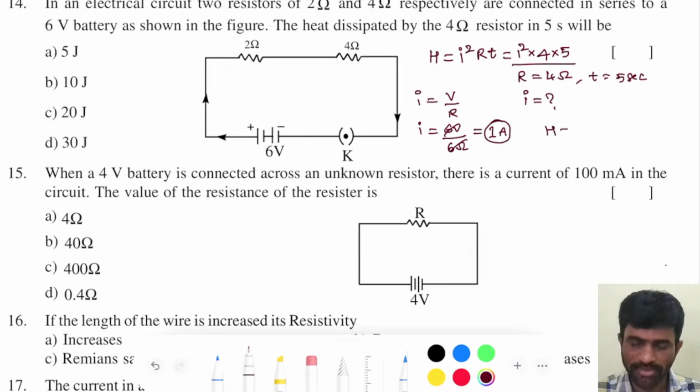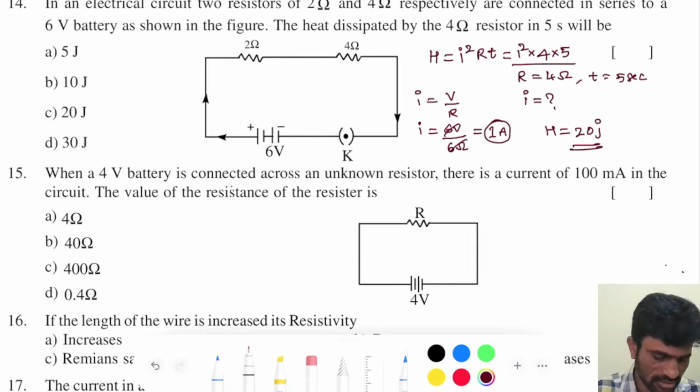So what is the heat dissipated through 4 ohms? Current is 1 ampere. Heat is 1 into 4 into 5, which is 20 joules.